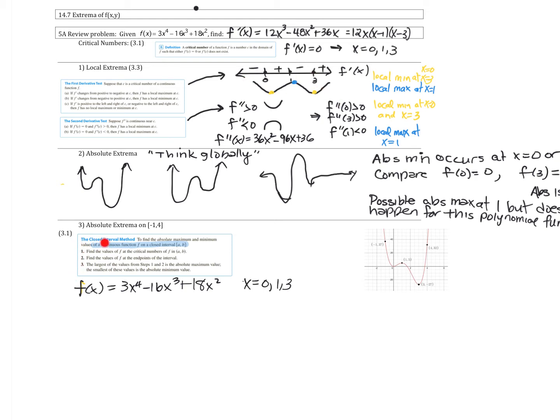We're just going to find the values of f at the critical numbers. So we just evaluate our function at those critical numbers. We put in 0 into this function, we get 0. We put in 1, and I'll let you do that, you're going to get 5. And if I put in 3, I'm going to get negative 27.